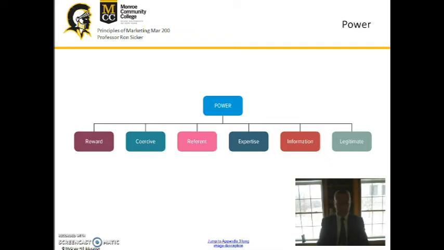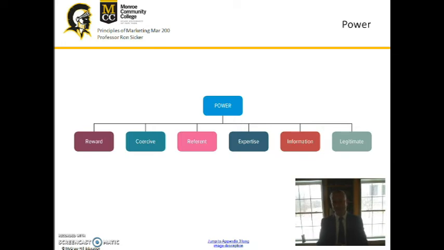Reward power. Someone holds power over somebody because they have the ability to reward somebody for doing well. I hold reward power over you guys because I can reward you with a good grade if you do well. Coercive power, people hold coercive power over them because they have the ability to punish or not do business with somebody, so they have power over them.